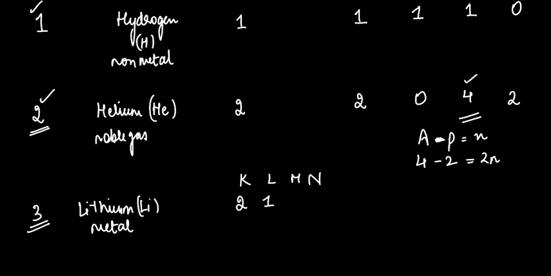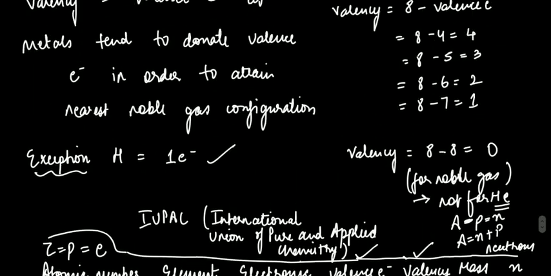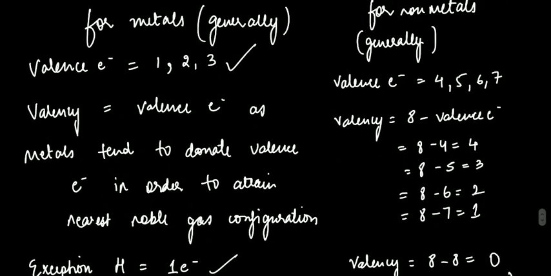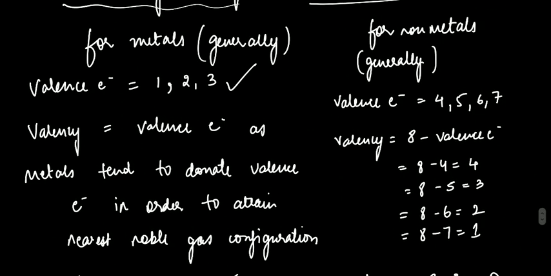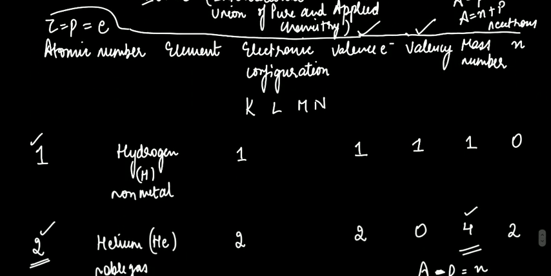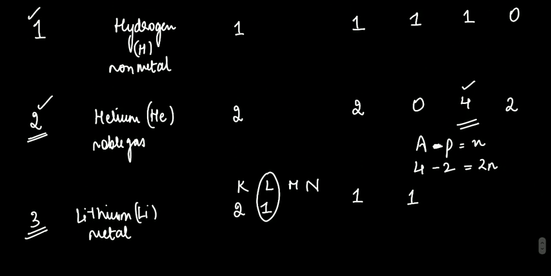The leftover 1 electron will go into the L shell. 2 plus 1 is 3. So now this is our outermost shell, so we have 1 valence electron. It's a metal, and valency by default is 1, as I've discussed. If you go back, if you have 1, 2 and 3 valence electrons, valency is the same number as that of valence electrons. Then we go to the mass number.